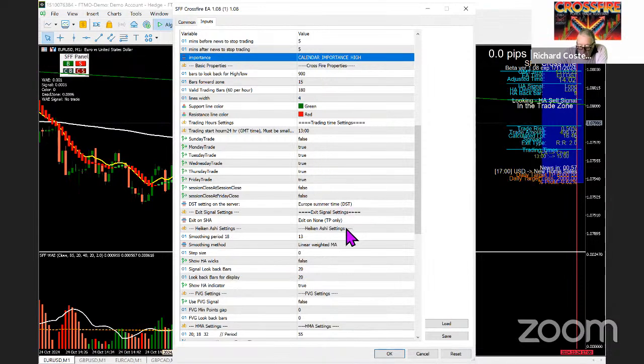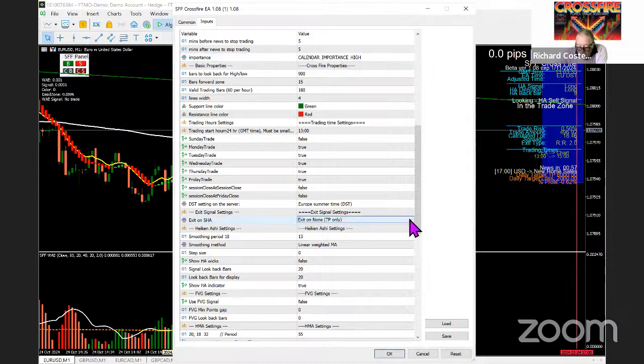So I've got the exit. You can opt to have an exit on the change of wave, HA change, or you can leave it on none and it'll just take you out when you hit your take profit or your stop loss. This one doesn't apply to Crossfire HMA. It simply doesn't recognize the HMA, doesn't take it into account.